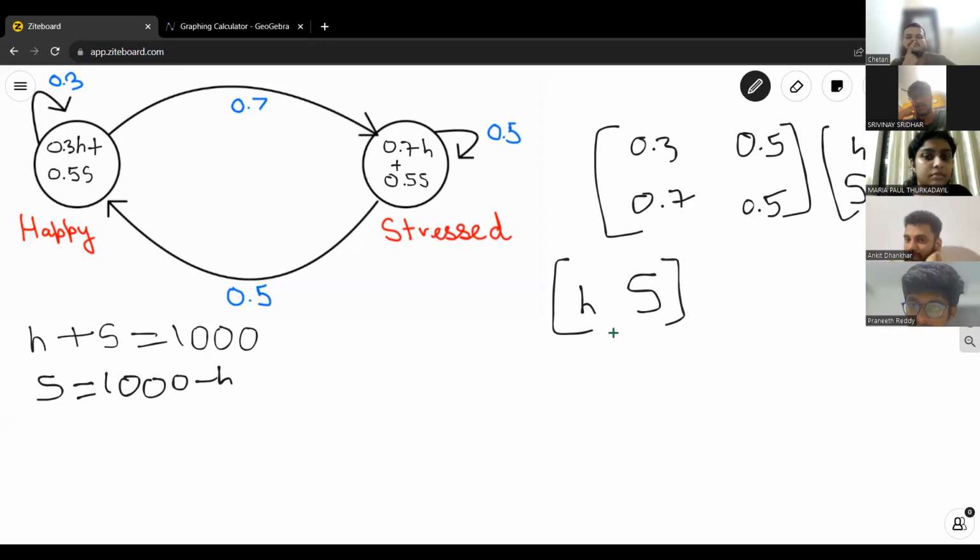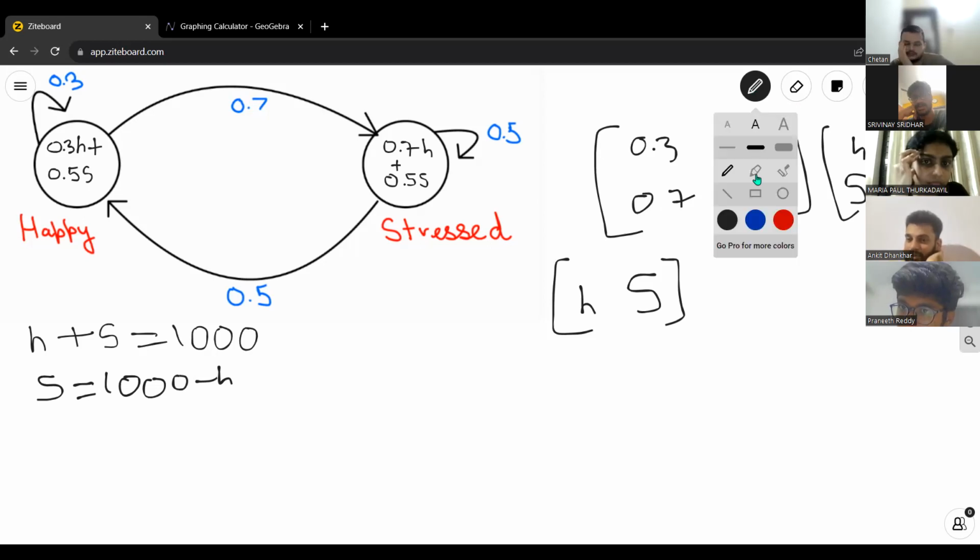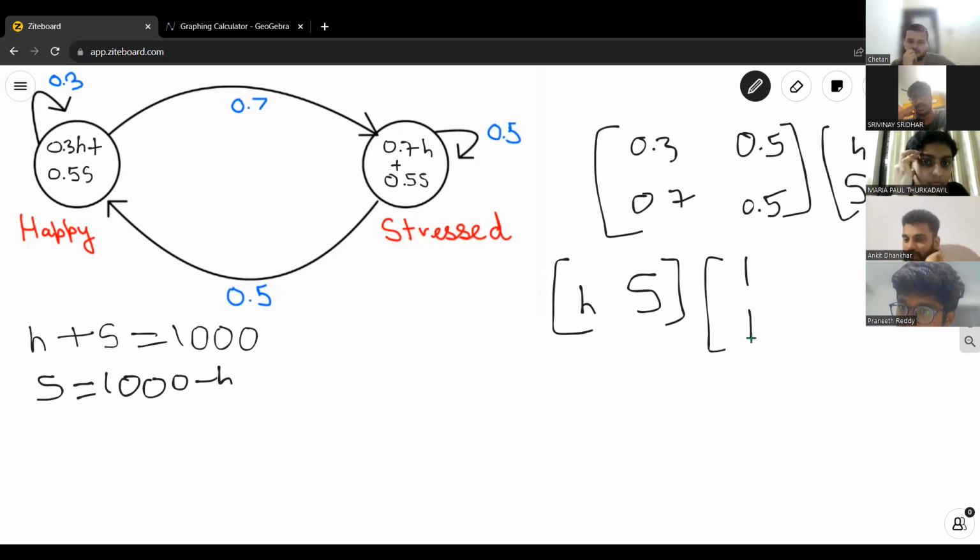And a matrix with a column vector on the right side, which is 1 1, equals 1000. This is the same as writing 1 1 as a row and h s as a column, right?